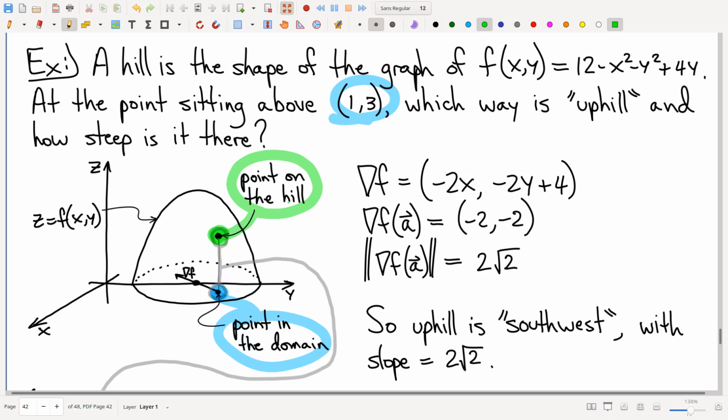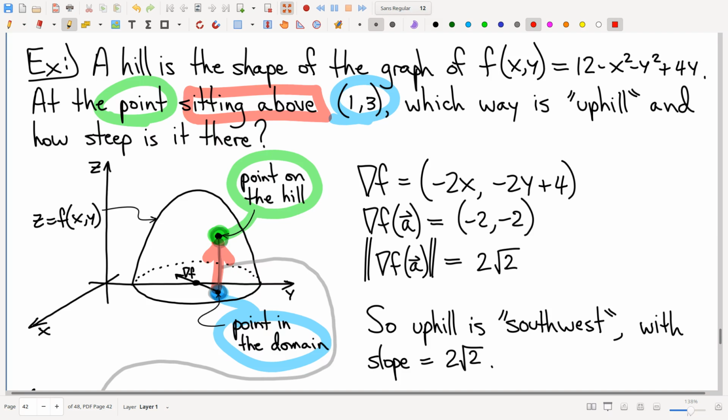So I was careful when I phrased the question here. You'll notice that I described the point sitting above 1, 3. So I did distinguish blue from green in the phrasing of this question, but frankly, most of the time I won't, and frankly, also most of the time, most other people won't, right?